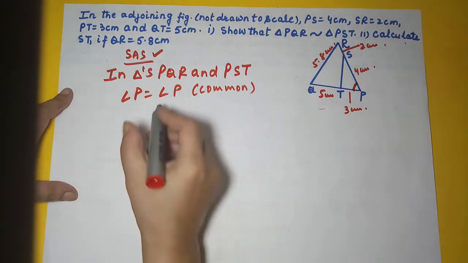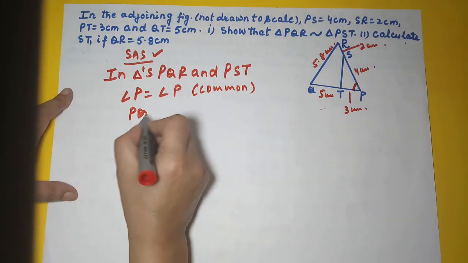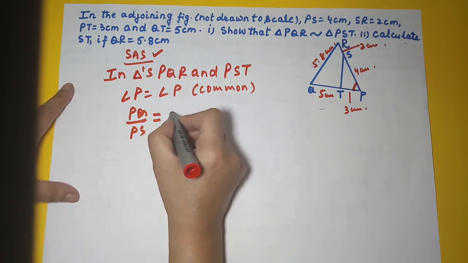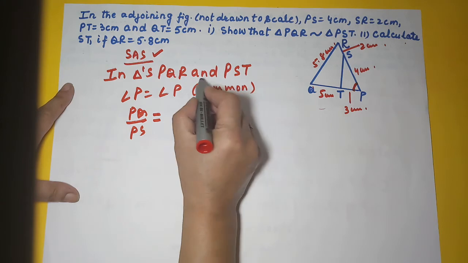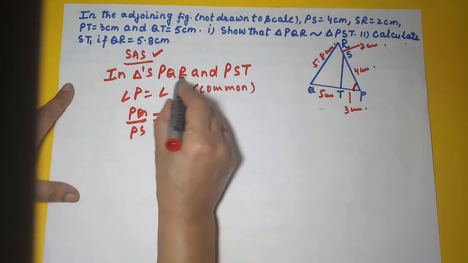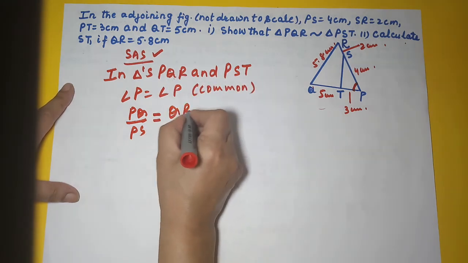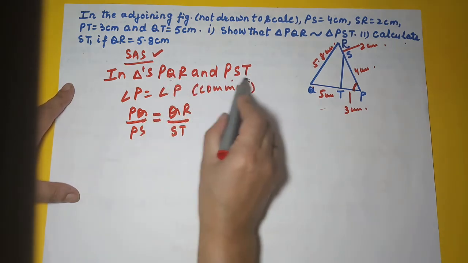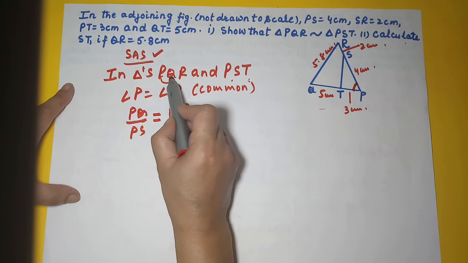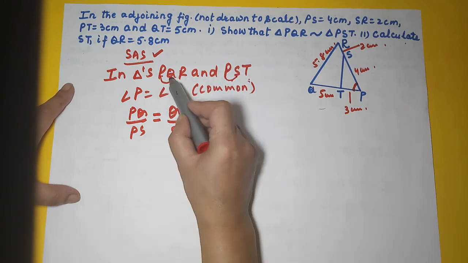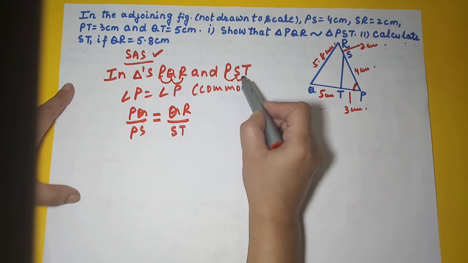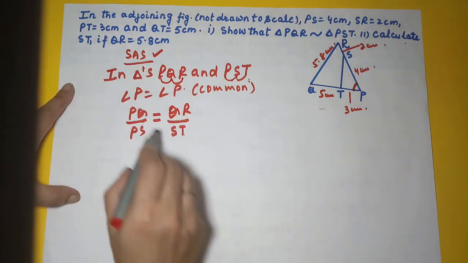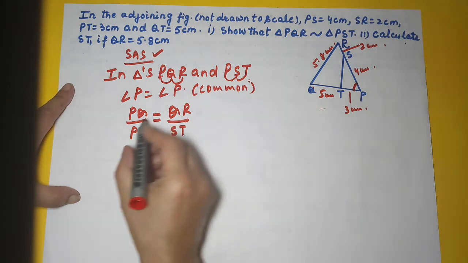Now, let me check whether PQ upon PS is equal to QR upon ST, right? That's how we set the proportionality. PQ upon PS. If it is equal to QR upon ST, then the two triangles are similar by SAS similarity rule. Okay, let's check this.